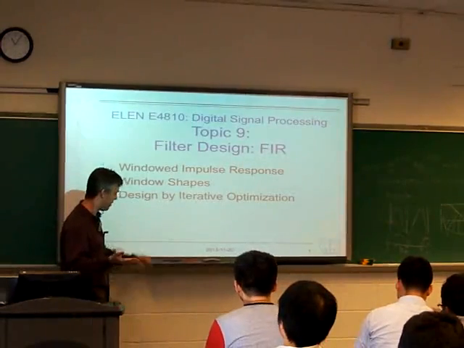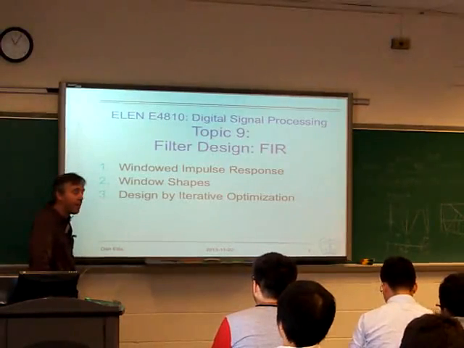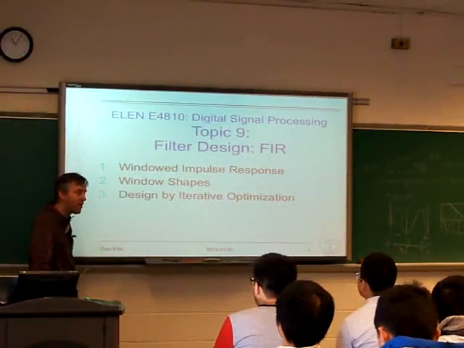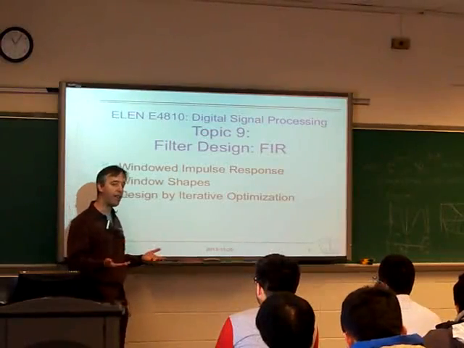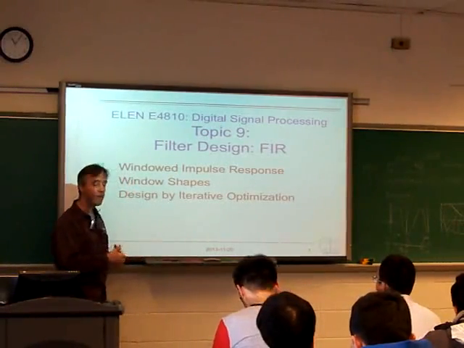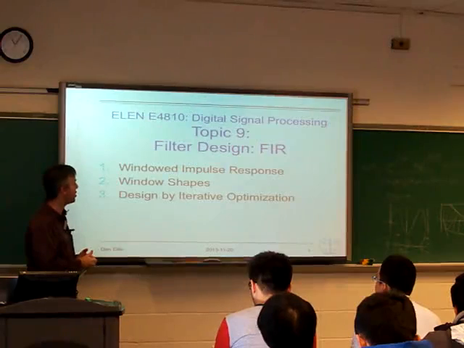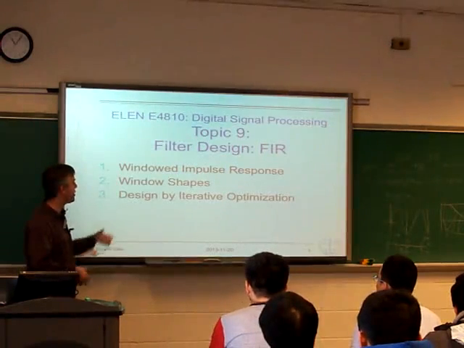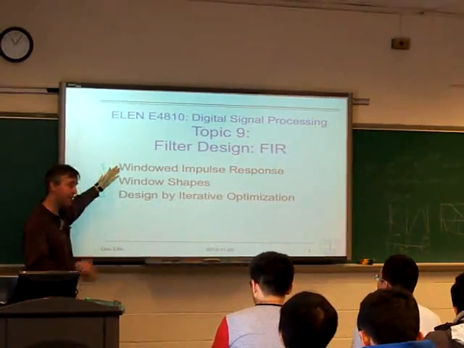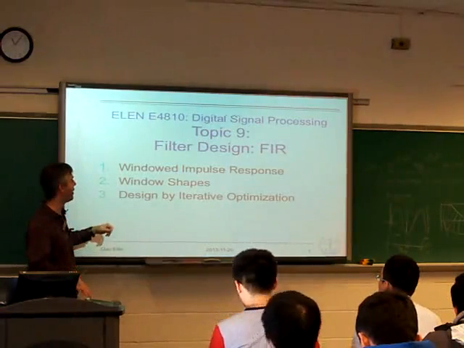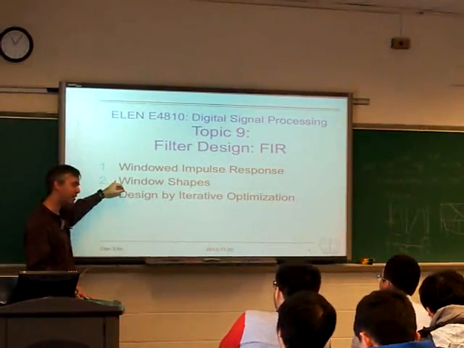Now, what we actually are supposed to be discussing now is the second half of this, the second set of practical filter design tools, which is for our second big class of filters, FIR filters, finite impulse response filters. And as we'll see, these lead us to a very different set of design procedures. We'll start off talking about the idea of windowing an impulse response, taking an ideal impulse response and just applying a window so it becomes finite length, which then turns out that rectangular windows are not the only ones we could use.